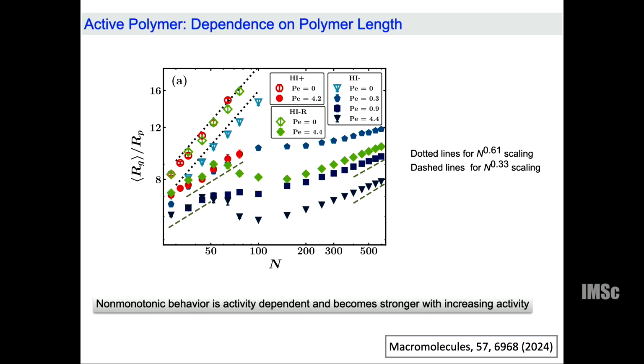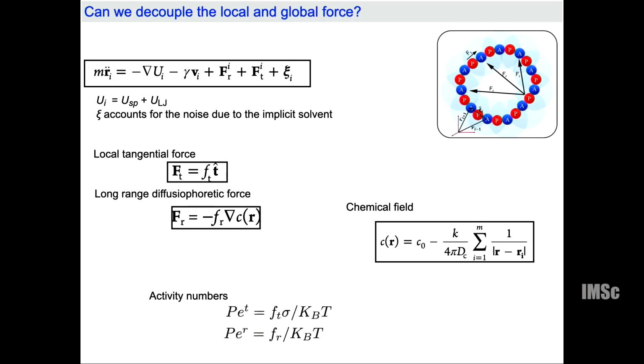So at long times this reaches an equilibrium, but in between, the active forces dominate the entropy, and you get more collapsed than at the short and the long times. That's the reason for the non-monotonic behavior that we observe in this particular case.